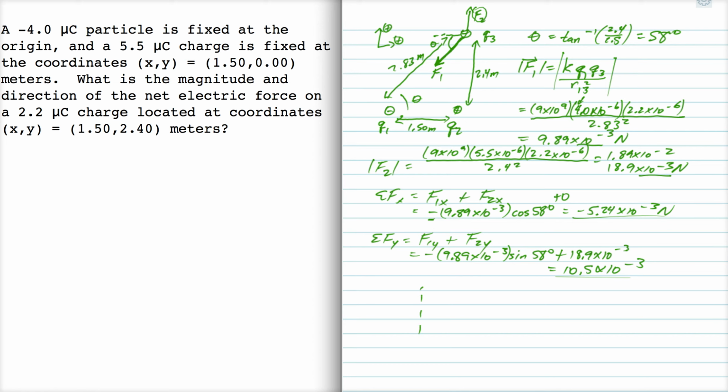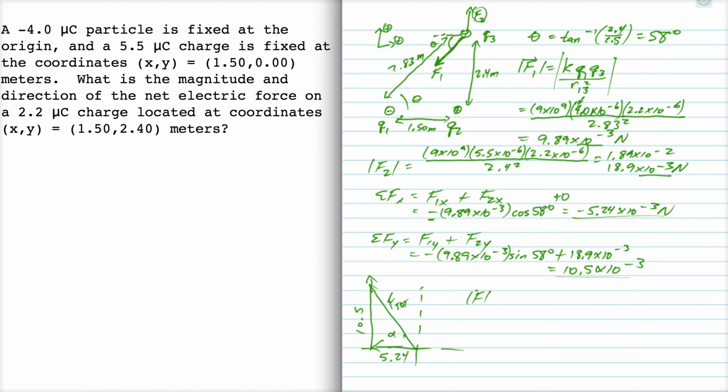If I draw a little coordinate system down here, we're going to go 5.24 in the minus x direction, and we're going to go 10.5 in the plus y direction to get our resultant. There's going to be some angle alpha here, I guess. This is our total force.